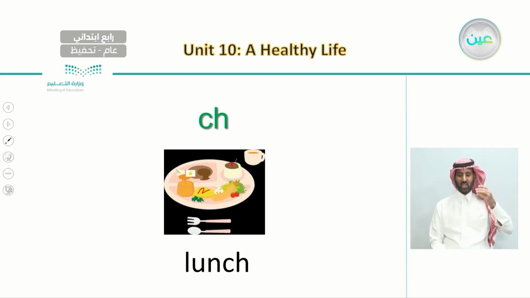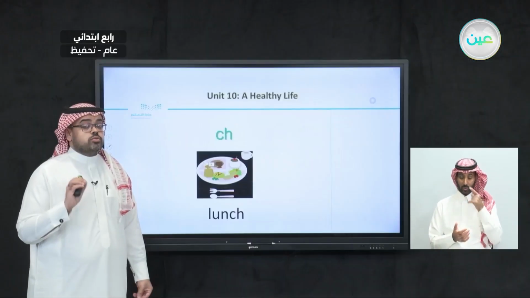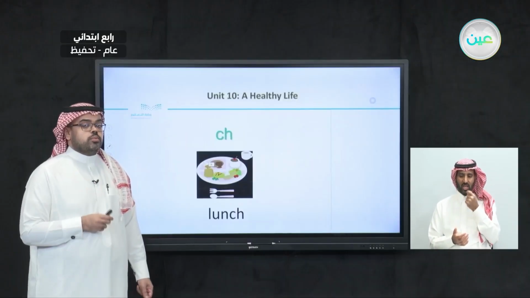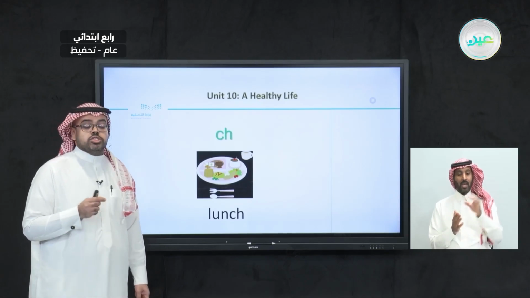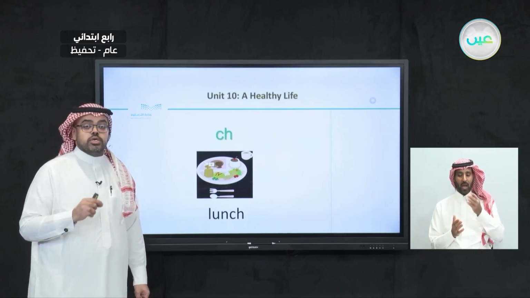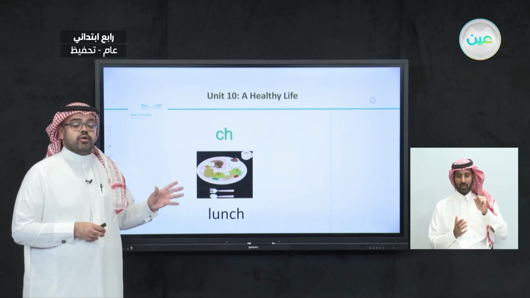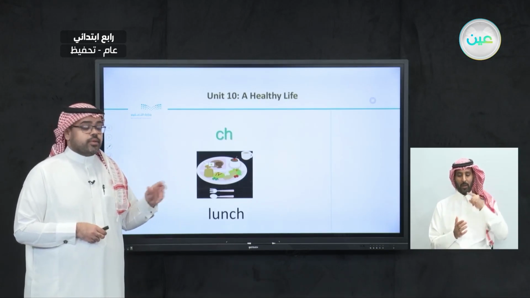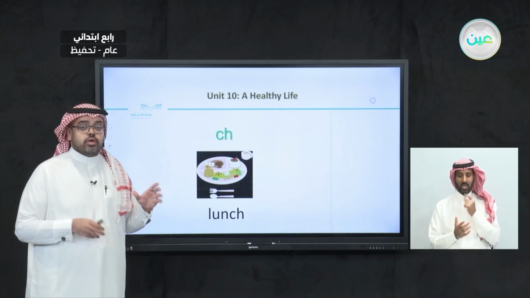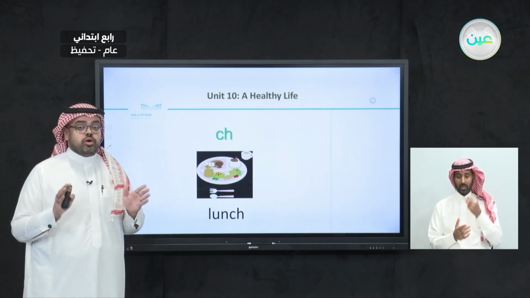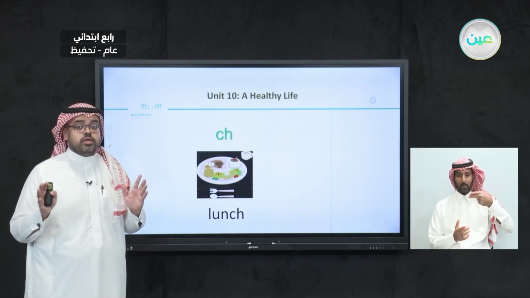Lunch. So it is important that we know the differences between S and H sounds like ship and shop, and C and H sounds like chip and check. It is important to know the differences between them.